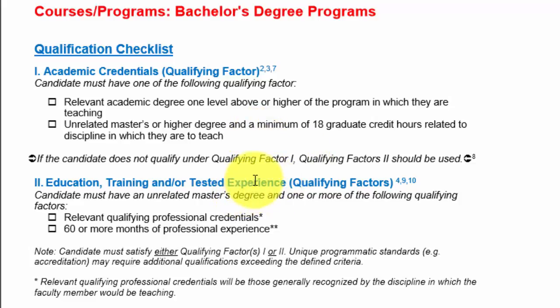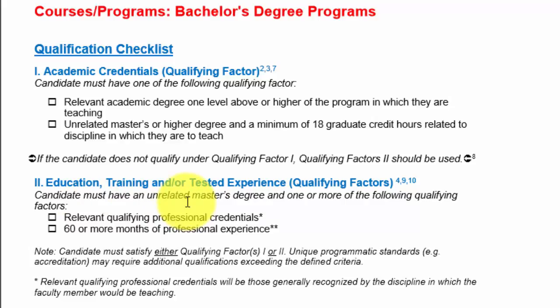Now, you are allowed, in programs only, to use these other qualifying factors. So I have this little statement here: if the candidate doesn't qualify under qualifying factor 1, qualifying factor 2 should be used. Again, this is that mix of the two. In this case, this is hardwired.